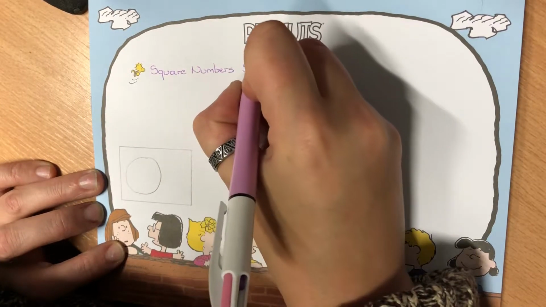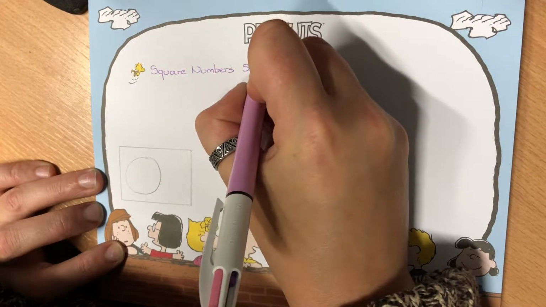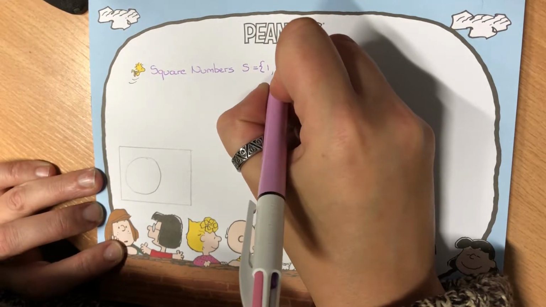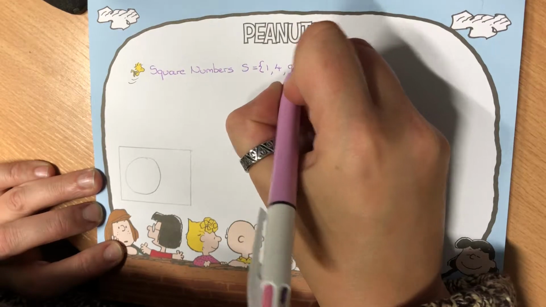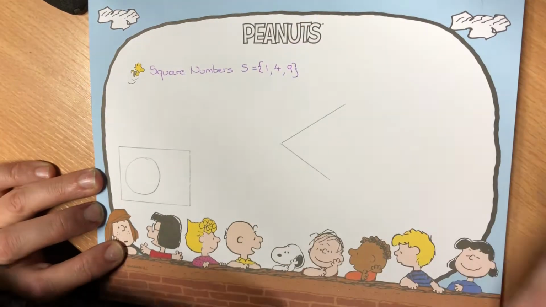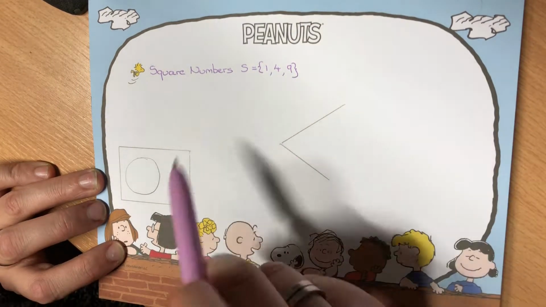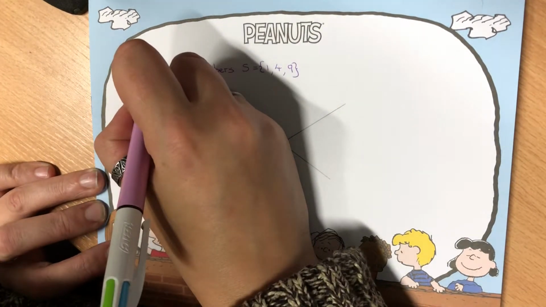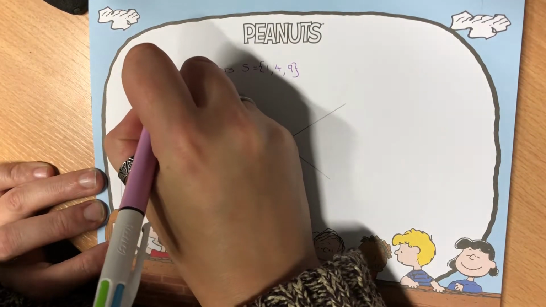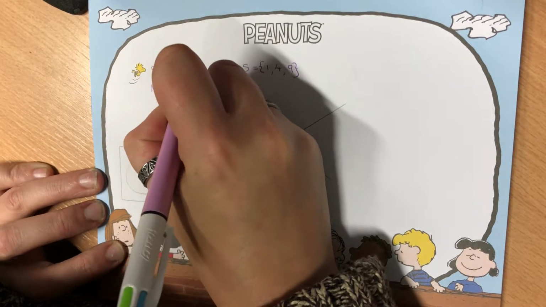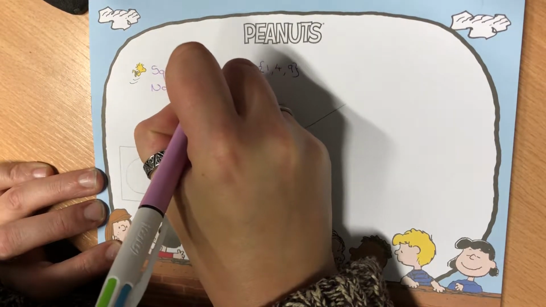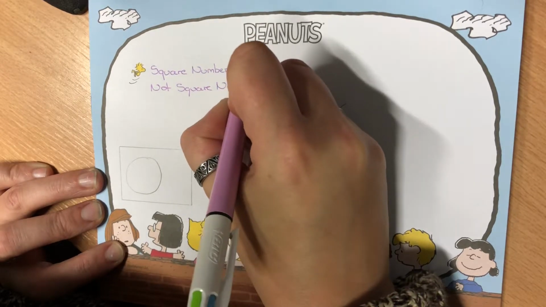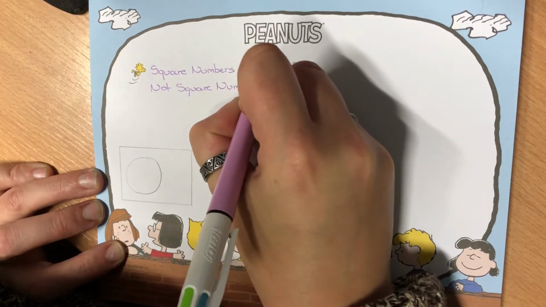So our set S is going to be 1 squared, which is 1, 2 squared, which is 4, 3 squared, which is 9. So the rest of the numbers 1 to 10 would be not square numbers, and that is a much bigger set.